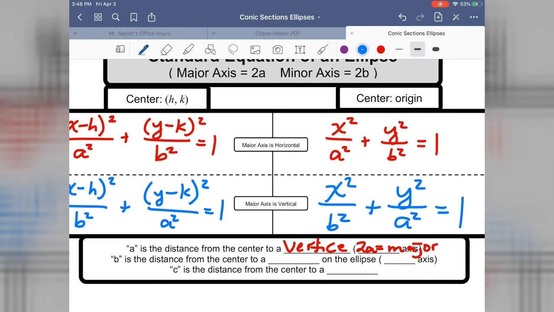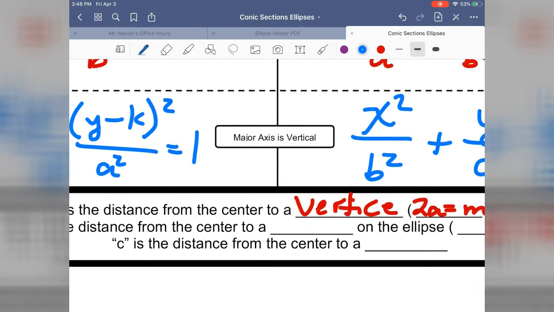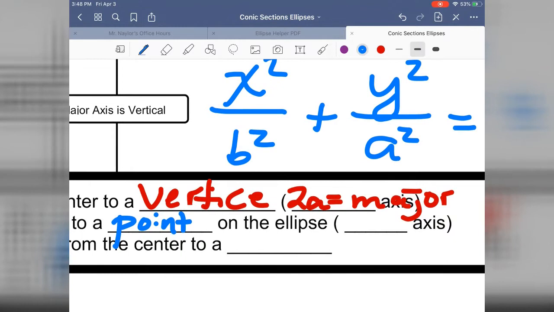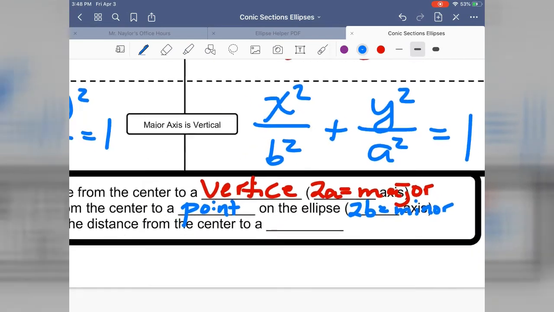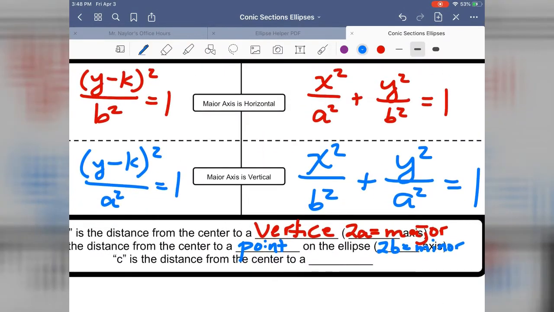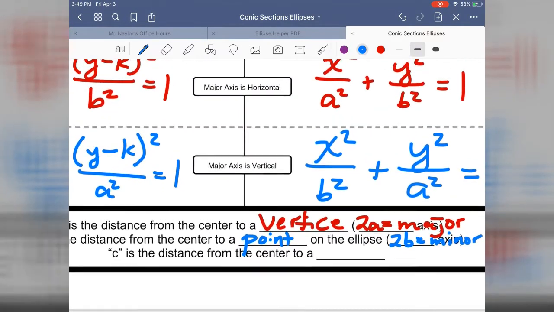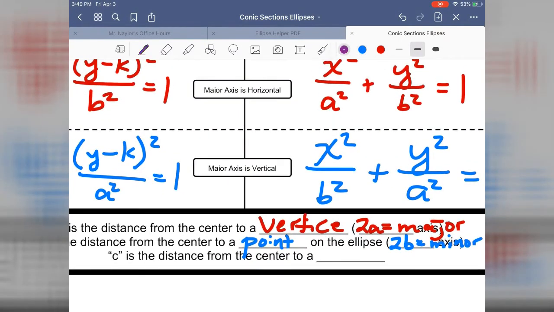Now, b is the distance from the center to a point that's on the minor axis. I should have had that word minor axis there, but what we're going to say is that 2b is equal to the minor axis. Okay, so b is the distance to a point from the center, so 2b is the entire minor axis. And then c, well, that's going to be the distance from the center to a focus.